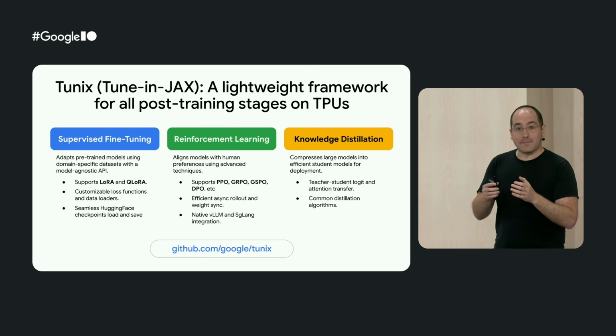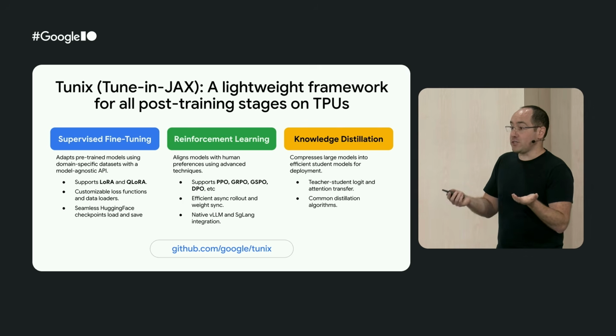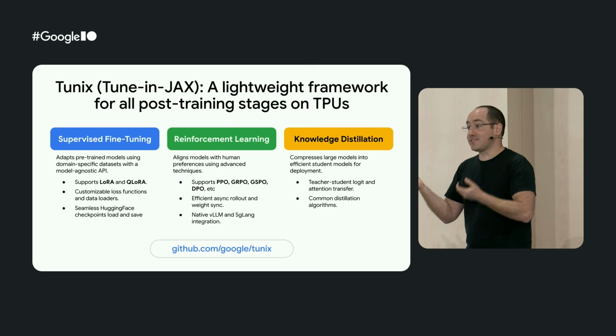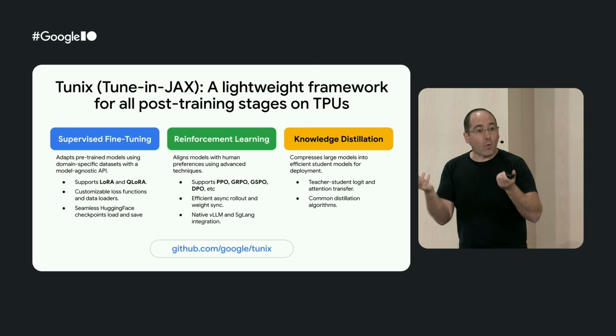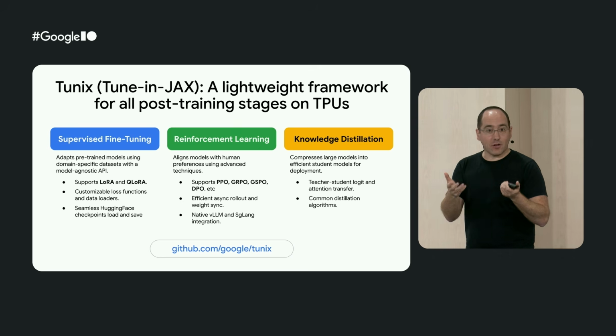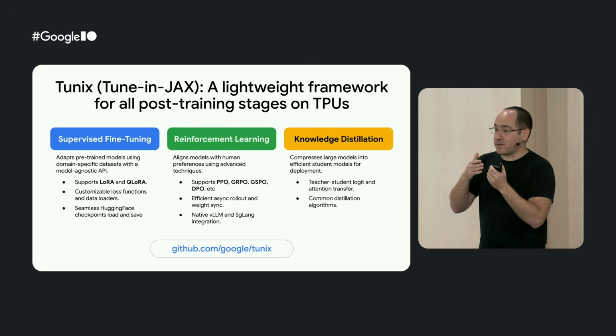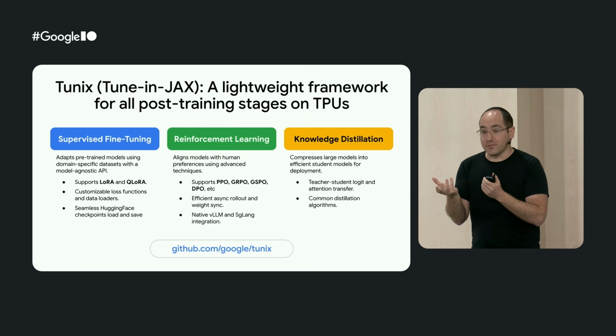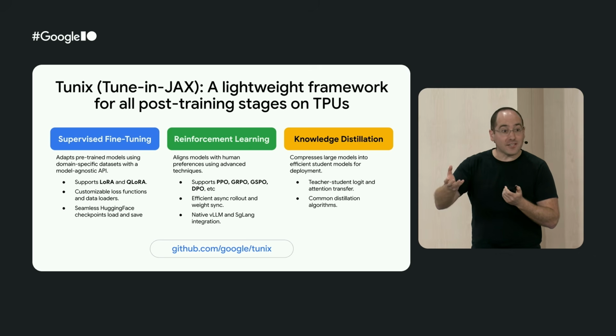Oftentimes, if you have a big model, a question you could ask is, can I train a smaller model that has similar performance to the large model? Often when you're training the large model, you might be training it to predict the next token. So the signal you have to learn from is whether the next token is right or wrong. But after you have a large model trained, you can actually use the large model to train a smaller model, and you have a richer signal.